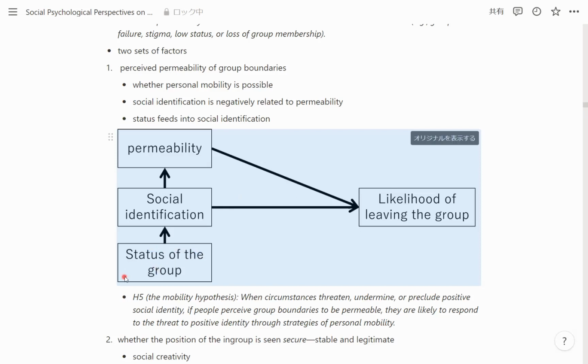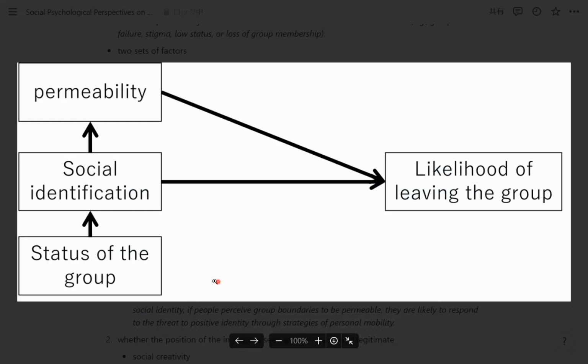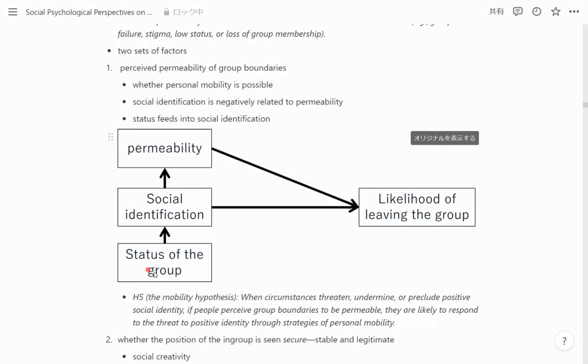Here. Okay, so when people see that their group has a high status, it will lead to high social identification. When people see that not only they, but others look at their group positively, then they feel very good about their group. And this feeling good about their group actually leads to higher social identification.